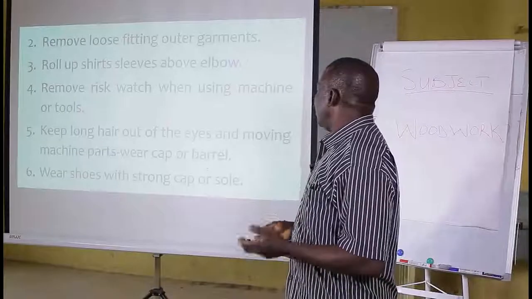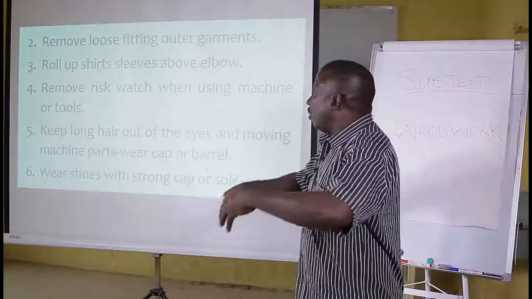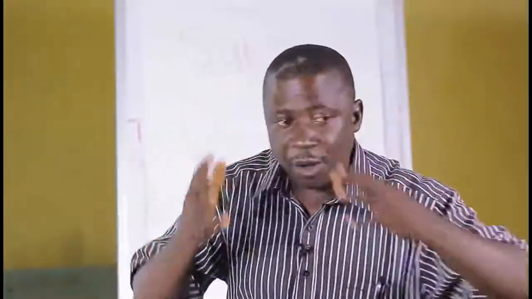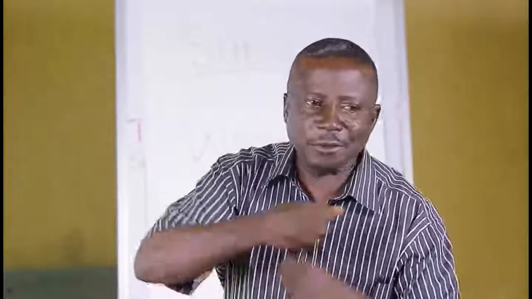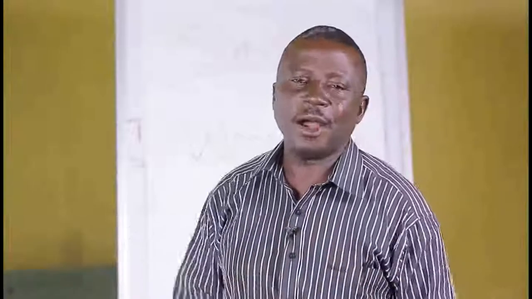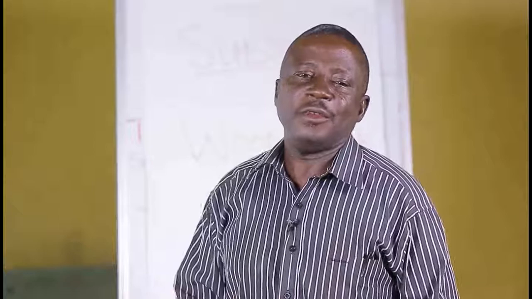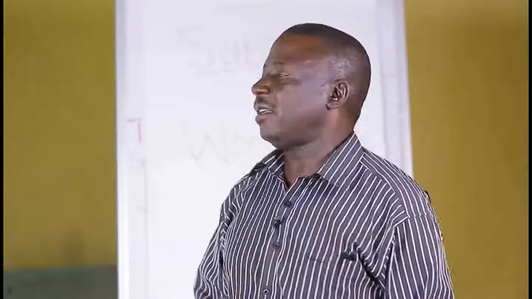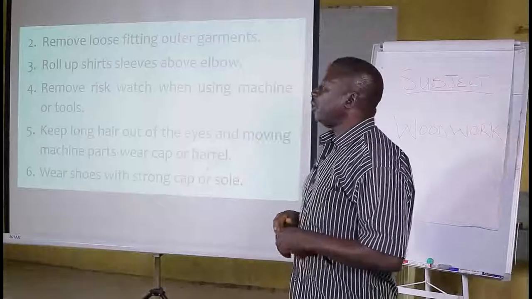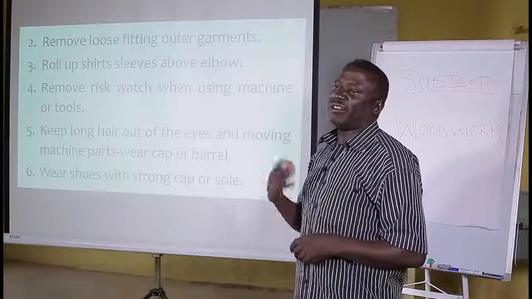And then take your hair away from moving parts of machines, like I have mentioned, so that your hair does not get grabbed by a moving part of a machine, strangle you and squeeze you. Instead of being a successful worker, you are engaged in an accident. So try as much as possible to prevent this.